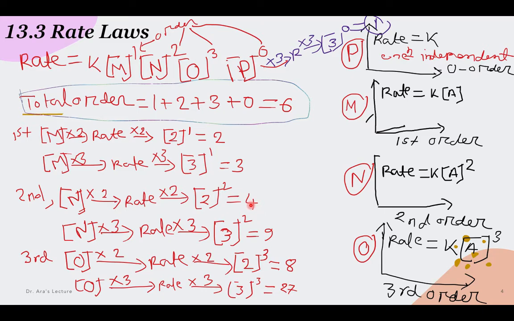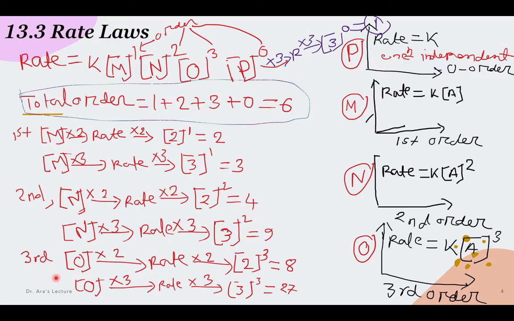So if we double the concentration, the rate becomes four times. Similarly, if we increase it 3x, it will be 9. If we increase it 4x, it will be 16 in the case of a second order reaction.